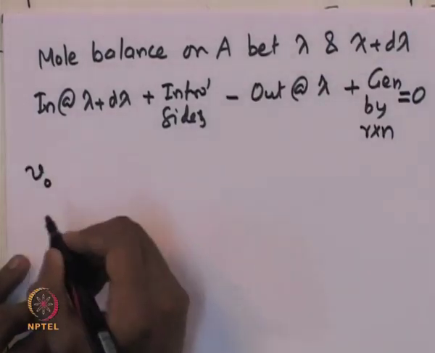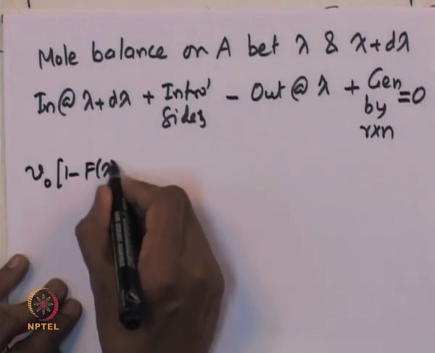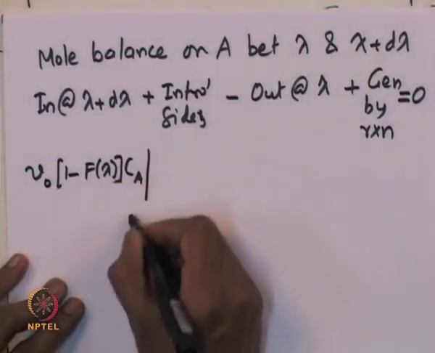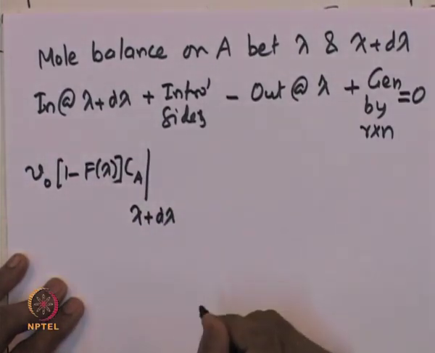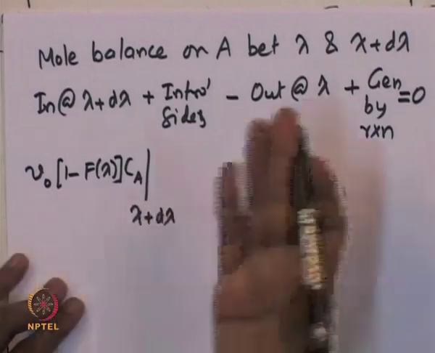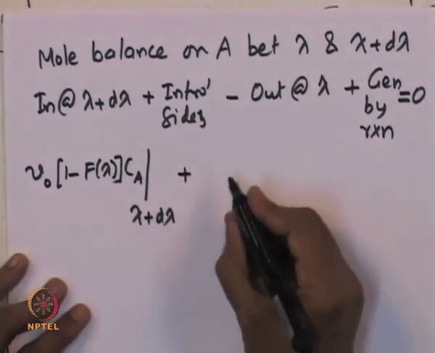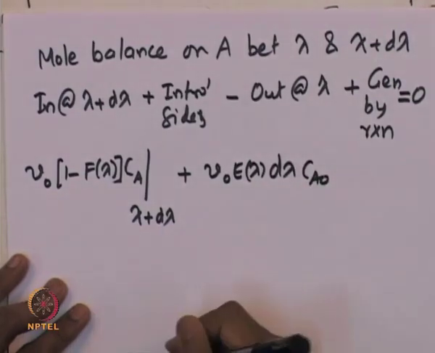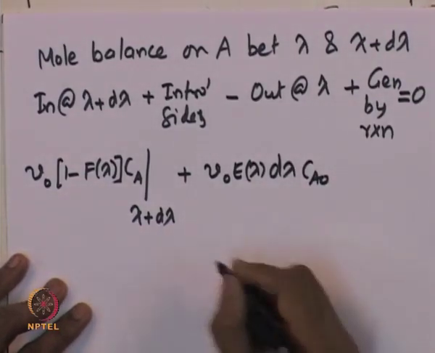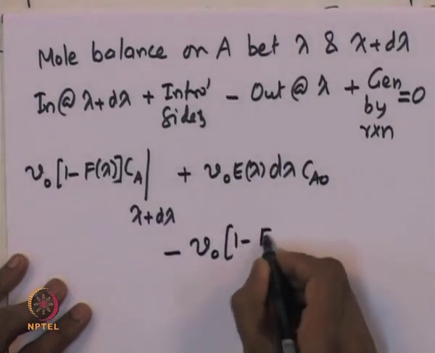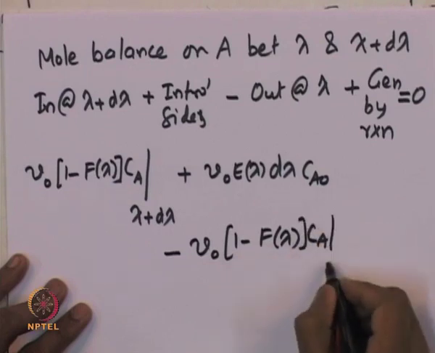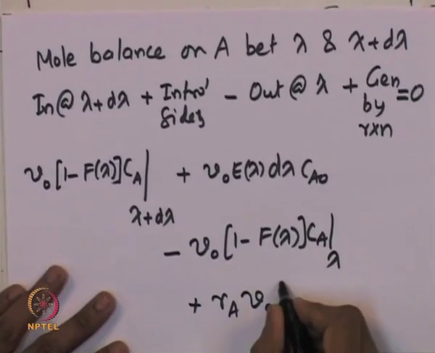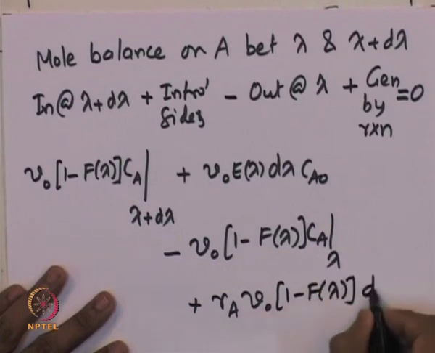We know all these quantities. V naught into 1 minus f lambda is the volumetric flow rate at lambda plus d lambda, into C A evaluated at lambda plus d lambda, which tells us the rate at which the species is getting into that element, plus whatever is introduced through the sides, given by V naught into E lambda d lambda multiplied by Ca naught, where Ca naught is the concentration of the species in the feed stream, minus V naught into 1 minus F lambda into Ca evaluated at lambda, plus Ra into V naught, the volumetric flow rate of the feed, into 1 minus F lambda multiplied by d lambda, equal to 0.